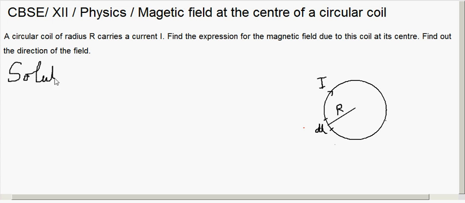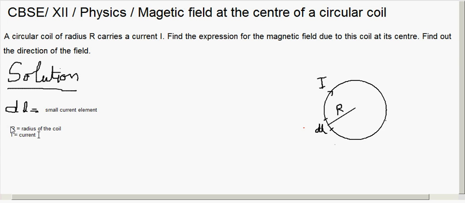You can write, consider dl as a small current element, r is the radius of the coil and I is the current in the coil.